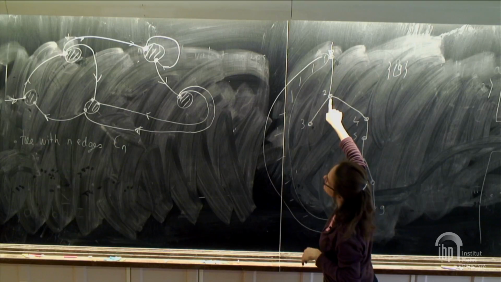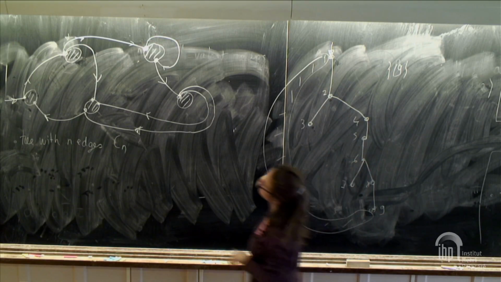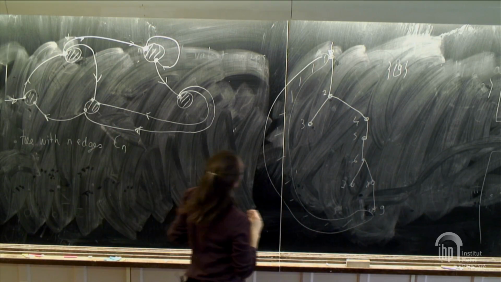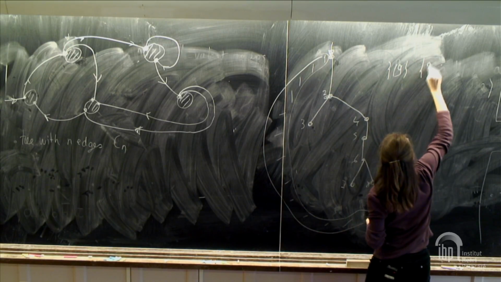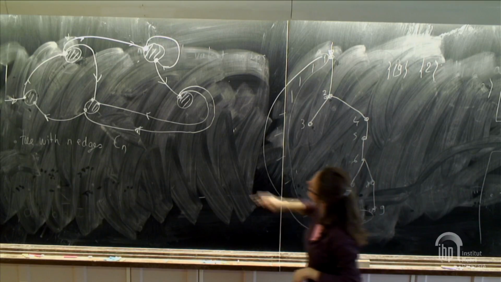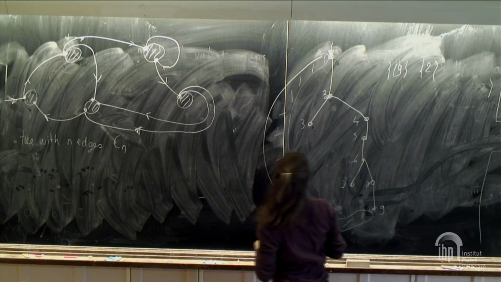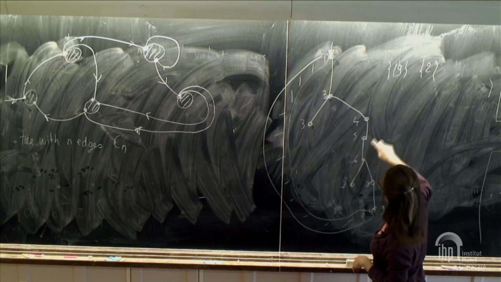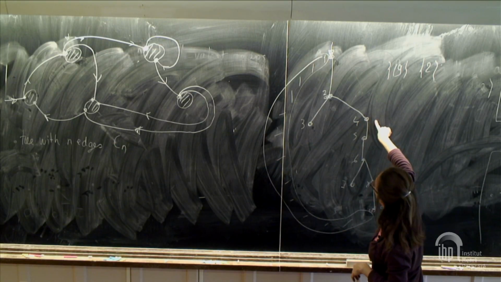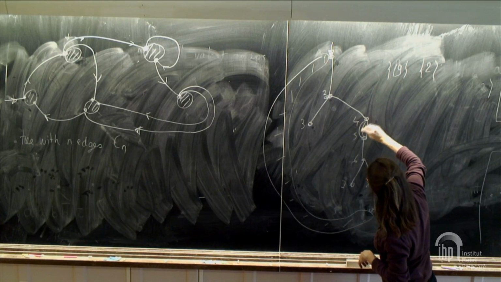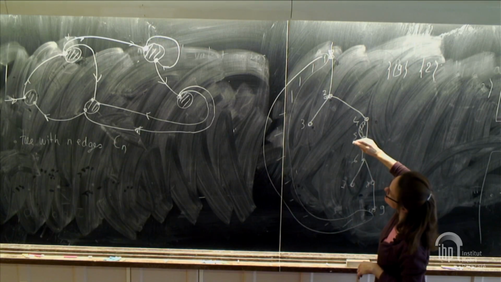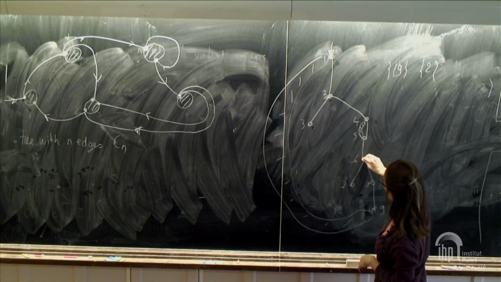Then here, this vertex is by itself, so I have a part equal to 2. Then here I have two vertices together, and I guess, are they 4 and 5? So that's one other part. Then I have 6 by itself.